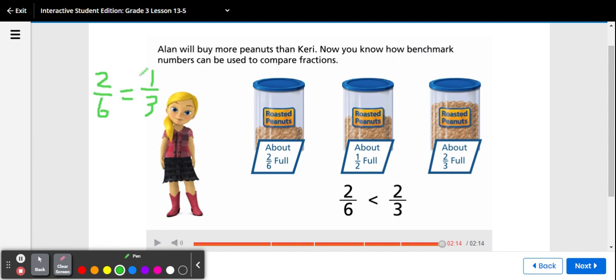So since I could take this fraction right here and double both of the numbers, the number that it gives me in the numerator and the number that it gives me in the denominator, I can see that those are equivalent fractions, that those are the same, because their ratio, in other words, how they compare and go together with each other, will let me see that those are equivalent.